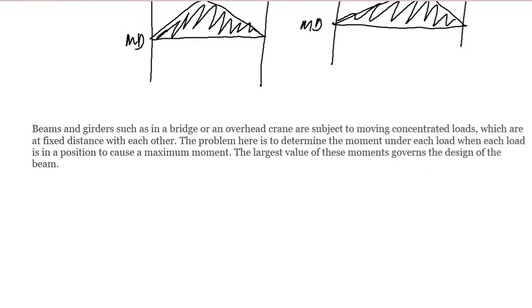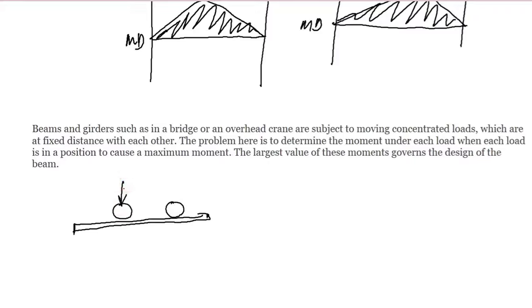Beams and girders, such as in a bridge or an overhead crane, are subject to moving concentrated loads, which are at a fixed distance from each other. If this is the bridge girder, so dadaan dito yung sasakyan, and yung sasakyan is considered a moving load.